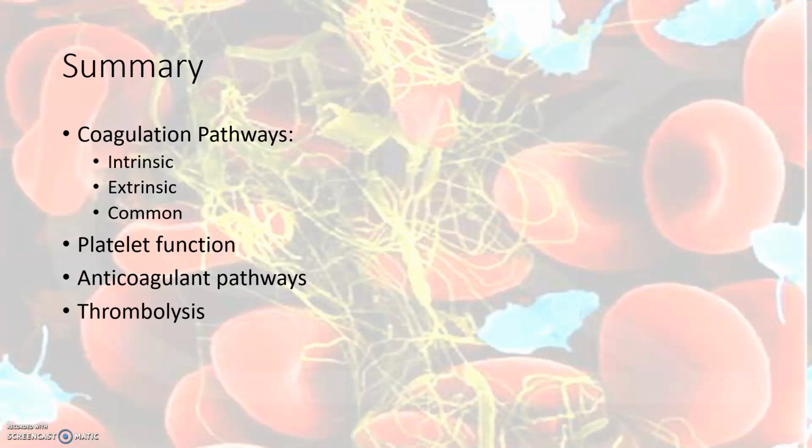So we talked about hemostasis in general, including blood vessels, platelets, anticoagulation pathways. I'd like you to use this lecture to help prepare when you are studying the different conditions and drugs that affect coagulation in more detail. Thank you.